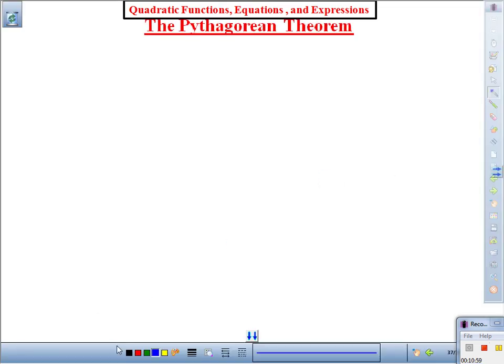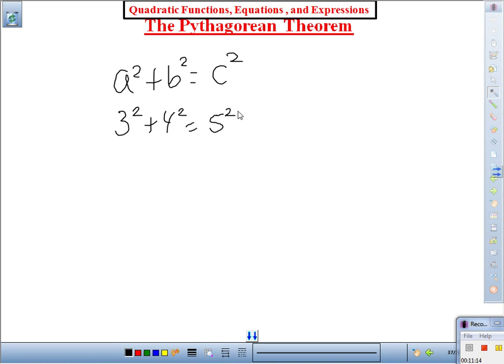Look up, please. We understand that A squared plus B squared equals C squared. You agree with that? Yes? We just used it. And you do agree that 3 squared plus 4 squared equals 5 squared, because we just did one of those. Yes? All right. However, if I wanted to continue just with variables, what would I need to do here to solve for C?